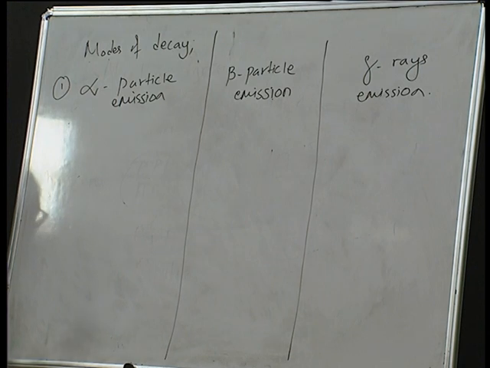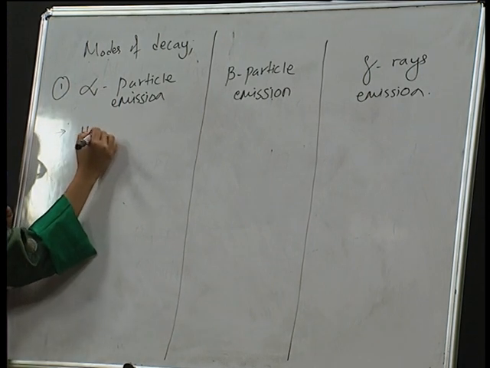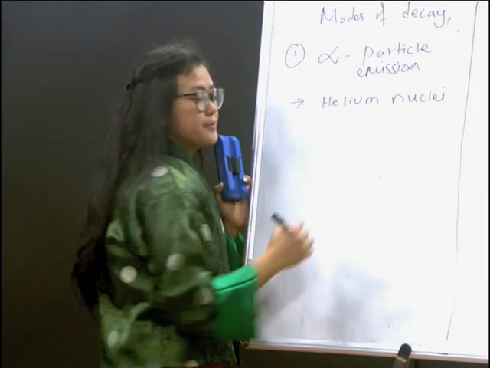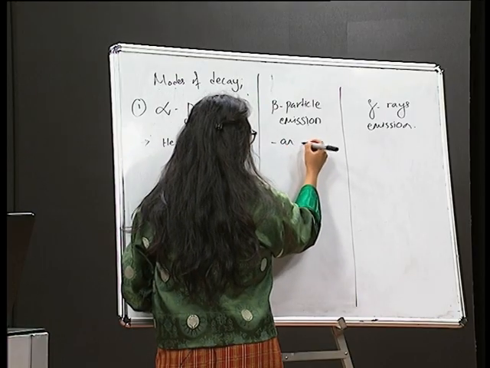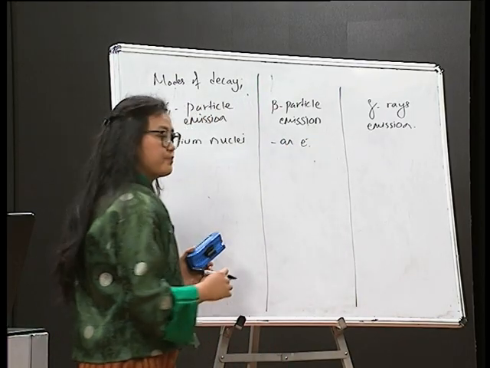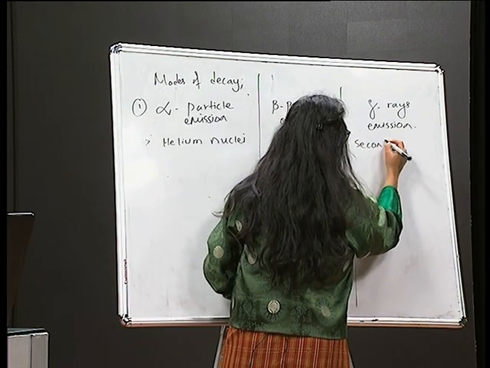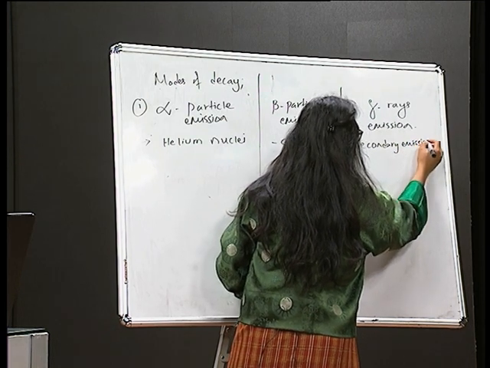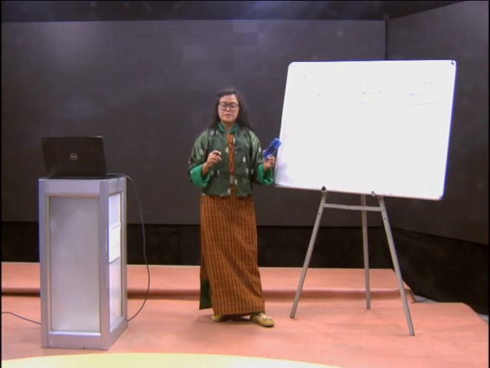Now, we will see the difference. Alpha particle is also known as helium nuclei. Beta particle is also known as an electron. And gamma rays are said to be secondary emission. Now, why secondary emission, unlike these two, alpha and beta particle?